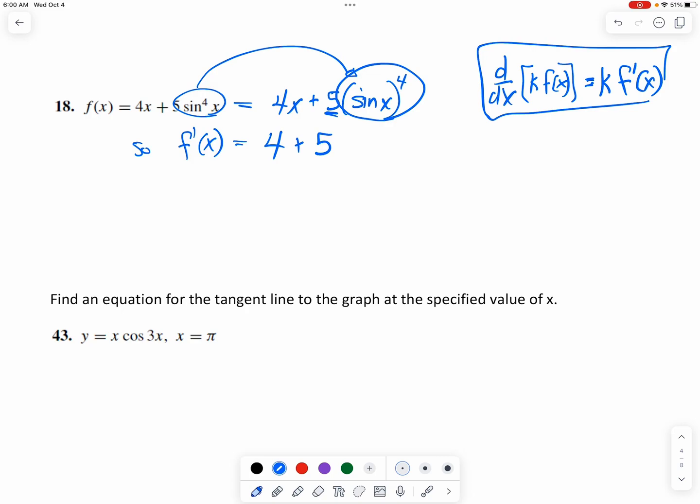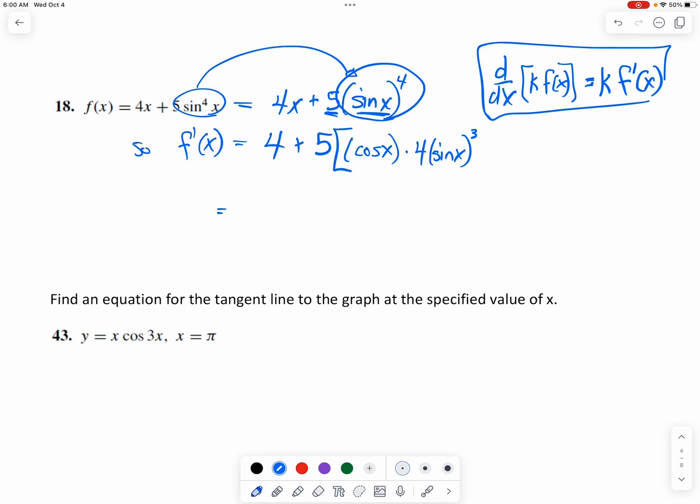I use the chain rule for it, so I'm going to put a big bracket around here, and I'm going to take the derivative of the inside, which is cosine x, times the derivative of the outside, and that's a power rule, 4 sine x to the 3rd.